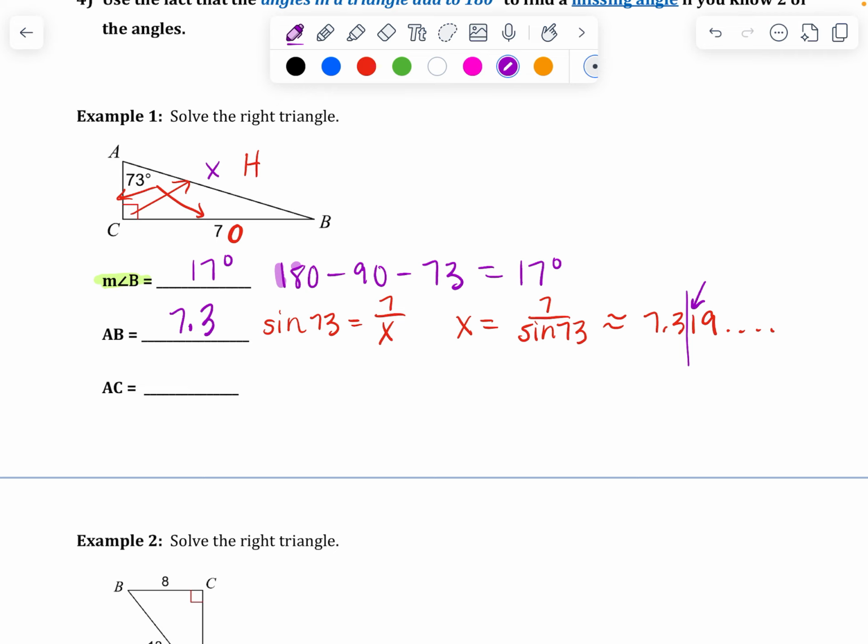All right, now at this point, I still have one thing left to solve for. I should solve for AC. Now, AC is another missing side. So you have an option here right now. You could either put a variable called y, because I already have an x, I don't want to use the same variable. Or I could erase everything and start fresh and put another x right here for the AC.